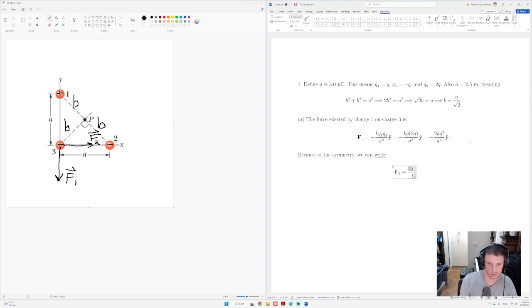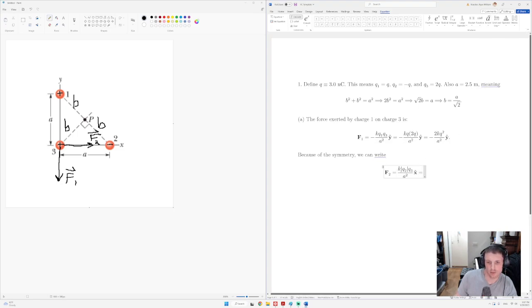I'm going to write k Q2 Q3 over a squared. But I'm actually going to put Q2 inside absolute value bars. And this all points in the positive x direction, right? And the reason that I'm putting Q2 inside absolute value bars is because we have that it's negative Q, right?